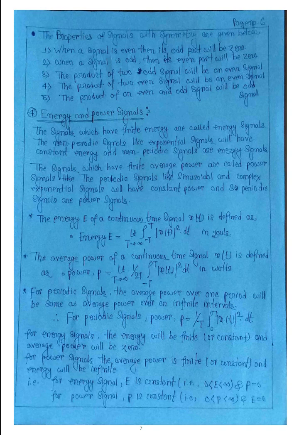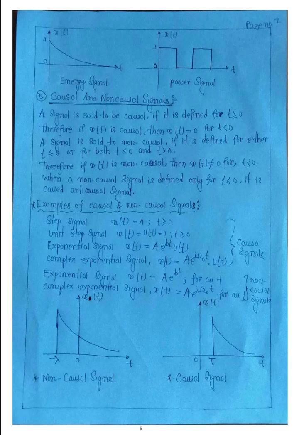To wrap up our sub-classifications, let's talk about a signal's existence in time. A causal signal is one that is defined only for time greater than or equal to 0. This means for any time less than 0, the signal is 0.